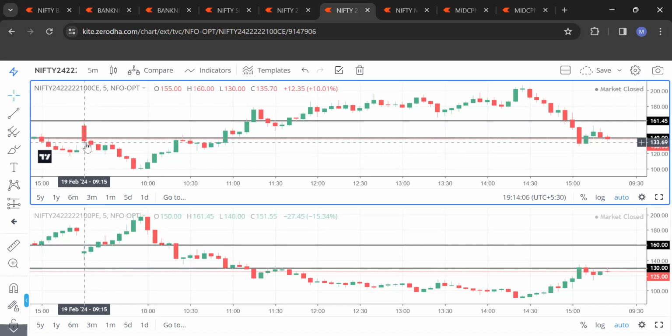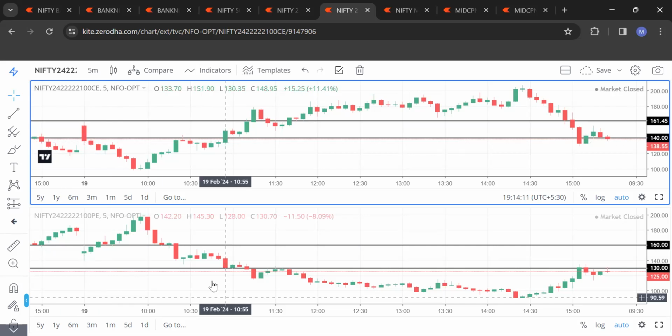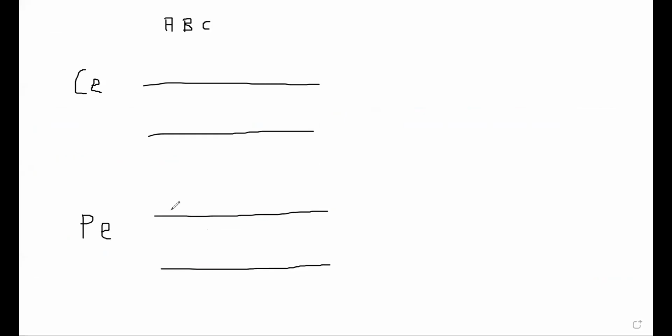Now, what is the ABC pattern? A means a green candle closing above the upper line. See over here, a green candle closing above the upper line. This has to be a green candle. Don't ask what if it is not green. It has to be a green candle.